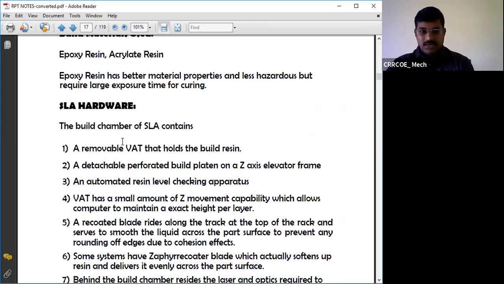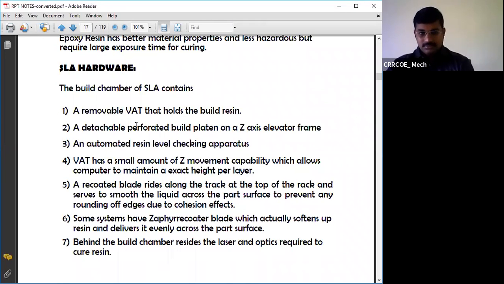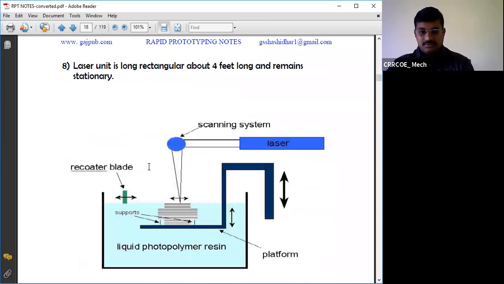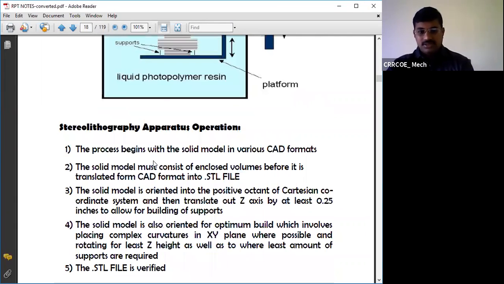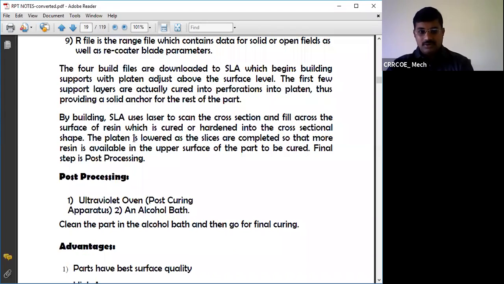Here, SLA hardware: what physical settings are required for the stereolithography technique operations. Everything we discussed, that's why I am just scrolling down.